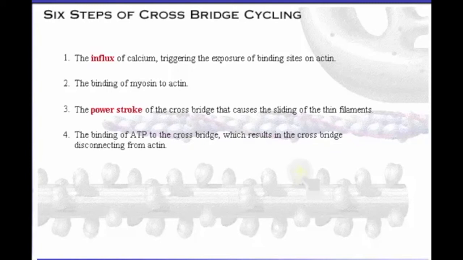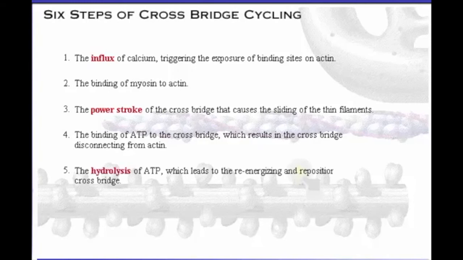The binding of ATP to the cross-bridge, which results in the cross-bridge disconnecting from actin. 5. The hydrolysis of ATP, which leads to the re-energizing and repositioning of the cross-bridge. And 6. The transport of calcium ions back into the sarcoplasmic reticulum.